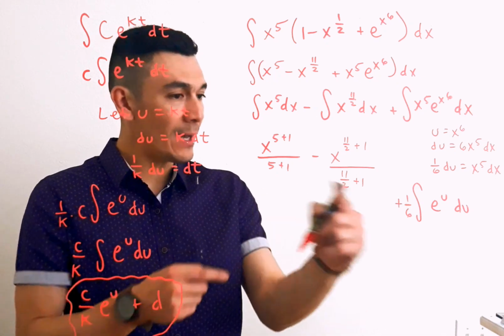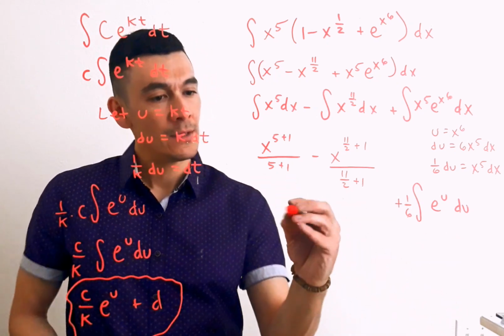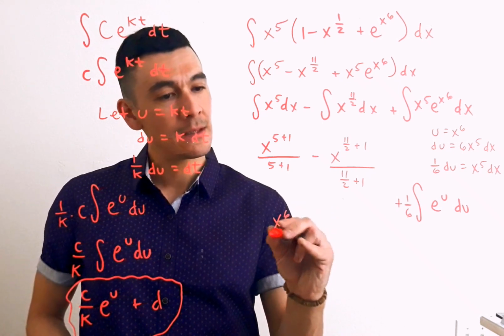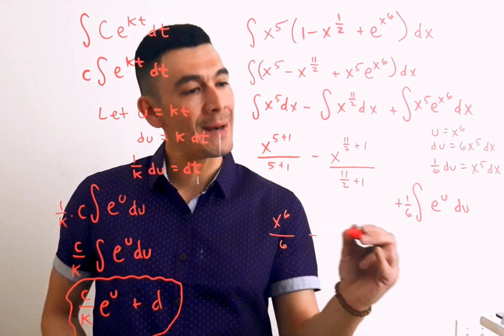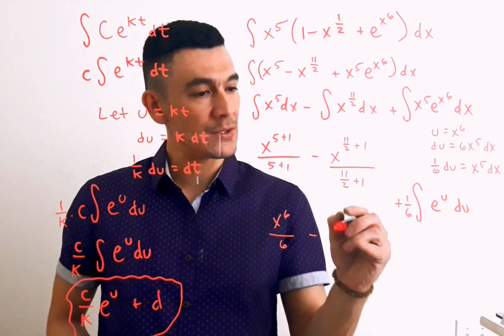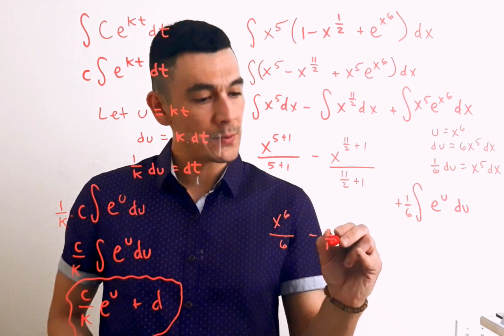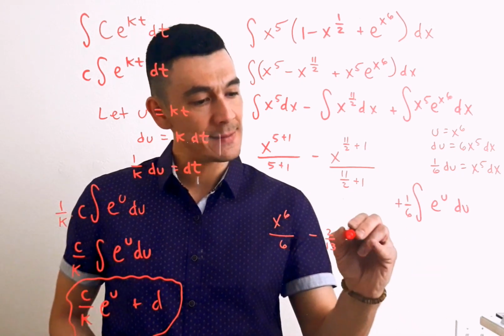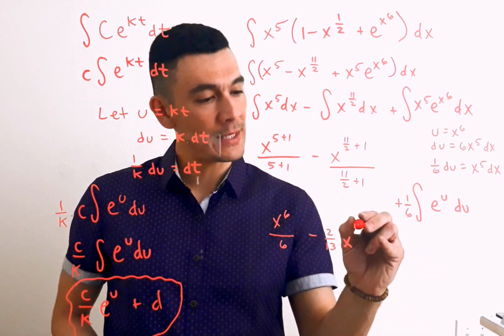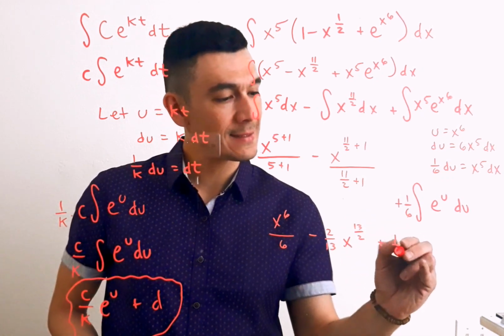Okay, so now I think we're actually ready to finish this problem. So let me just drop this one here. So that's x to the sixth over 6 minus 11 over 2 plus 1 is 13 over 2. So this is also 13 over 2, which reciprocates to 2/13. And this is 13 over 2 plus 1/6.